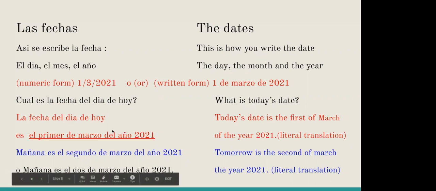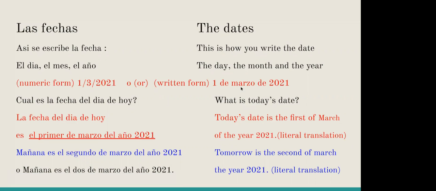Okay, you don't have to add in año. So like this is perfectly fine as well too. So here you would write el 3 de marzo de 2021.